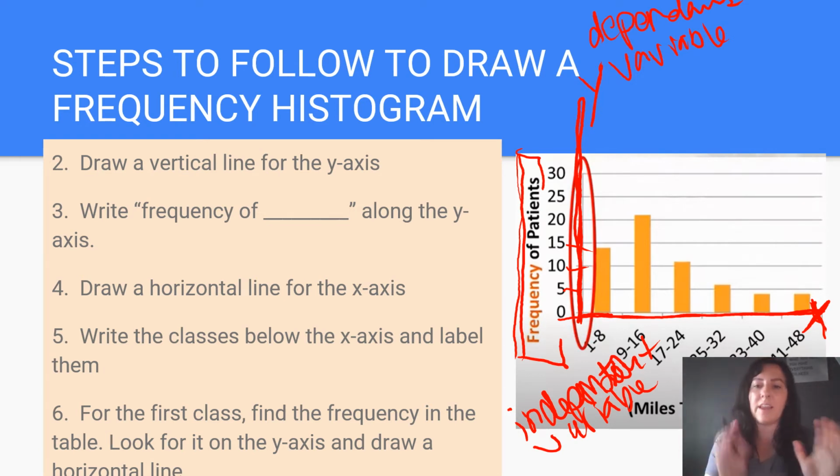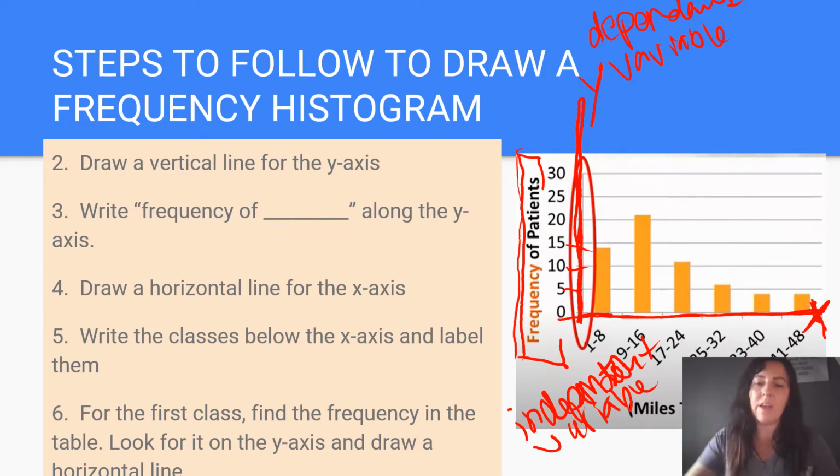Your independent variable can be time, or something that's constant where you can check measurements at each different class, each different level. In this example, we're using classes, determined by how many miles an ambulance is transporting a patient.